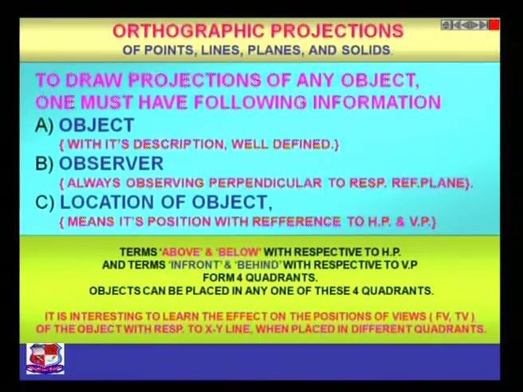It cannot be this side or this side because it is not having any sort of thickness, as I said, either above or below. Now when we are talking about VP, what things happen? The terms used are in front and behind.